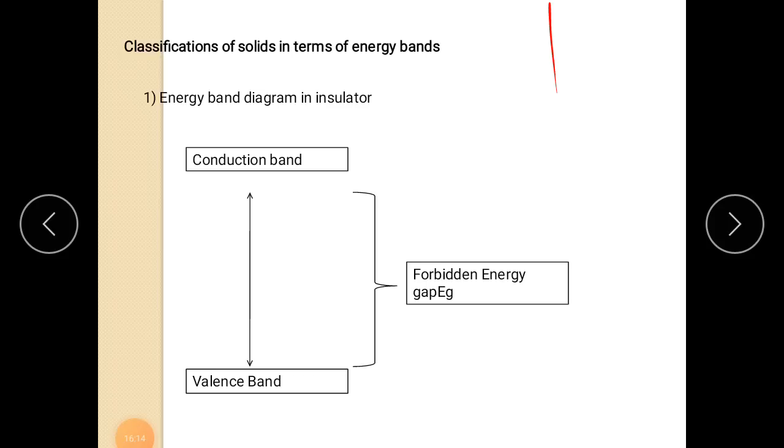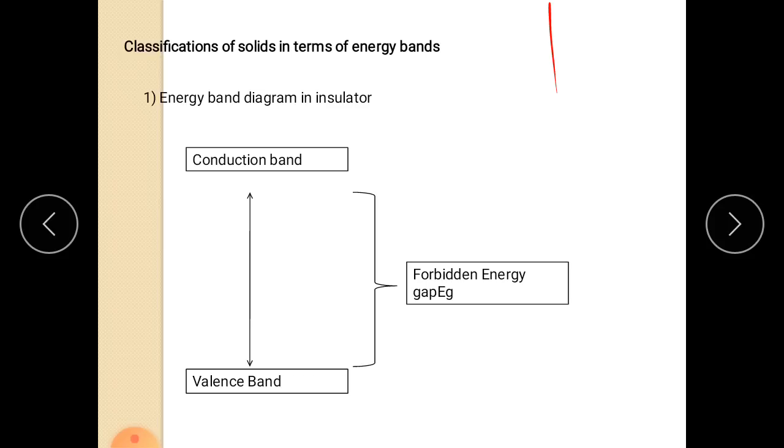Hence, instead of a discrete energy level of an individual atom, there is an energy band due to interaction of atoms in the crystalline solid. So this is an energy band. I hope you understand the energy band.